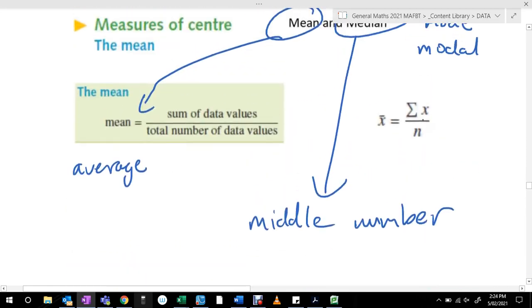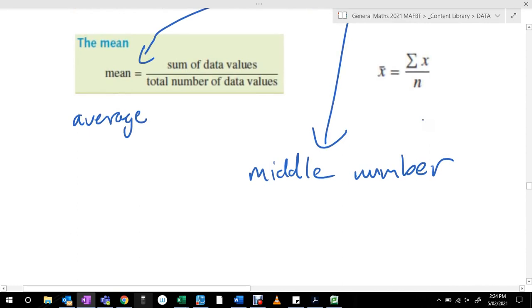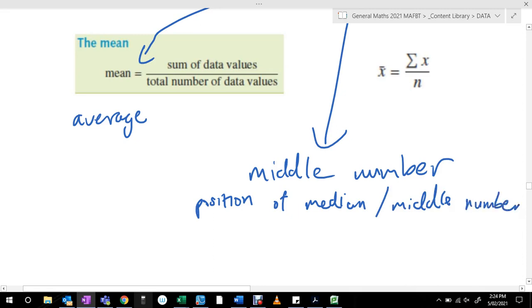Now, just a heads up, for people that don't know how to find them, if you have, for example, like 69 numbers, which is a lot of numbers, it's quite hard to find the middle number there. So to find the position of the median, the middle number, all you have to do is this formula.